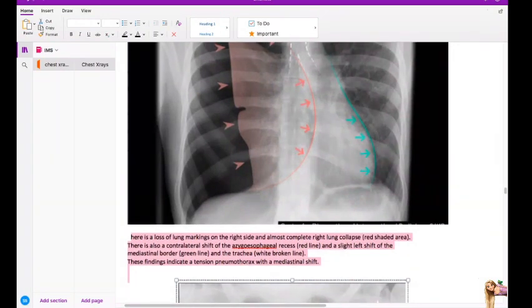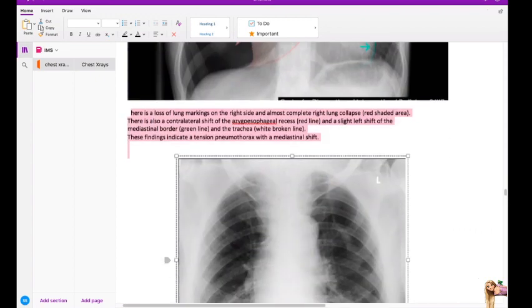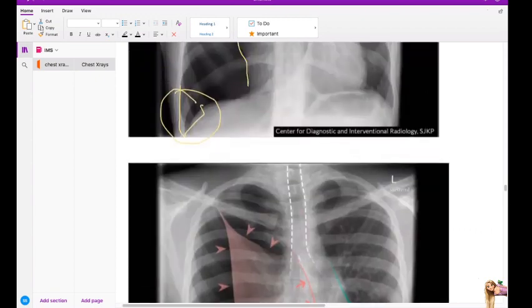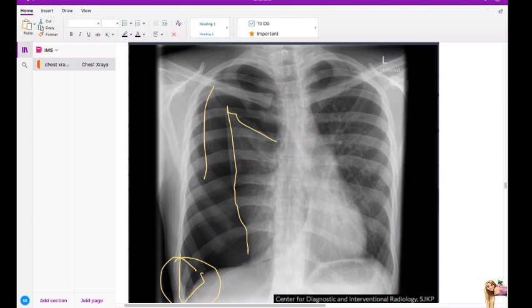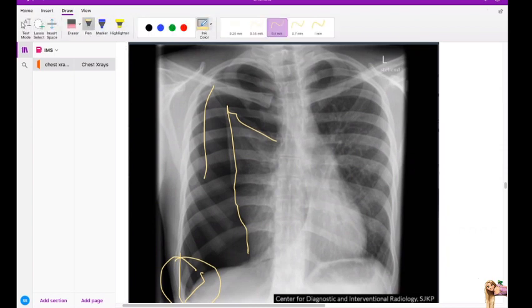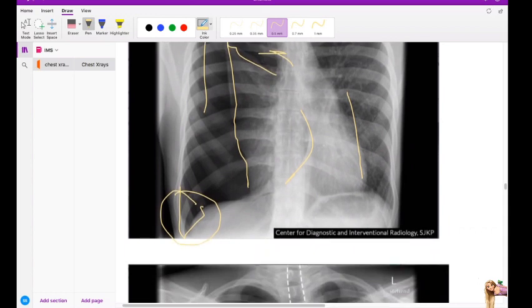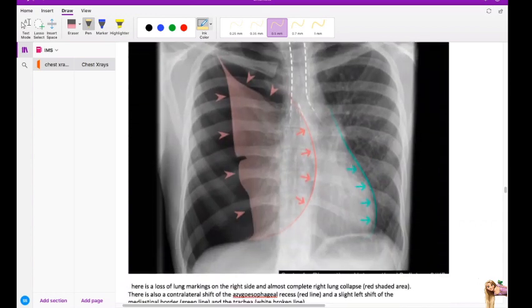Yeah, that is left. This actually has mediastinal shift. Kind of missed that. So the trachea is shifted over here a little bit, and the heart is shifted, and everything else is also shifted. So this is actually a tension pneumothorax. Like you can see in this picture.